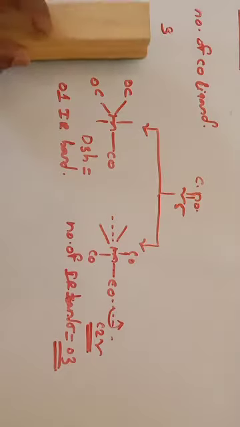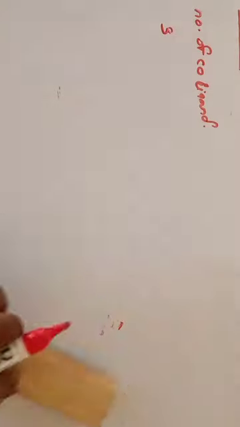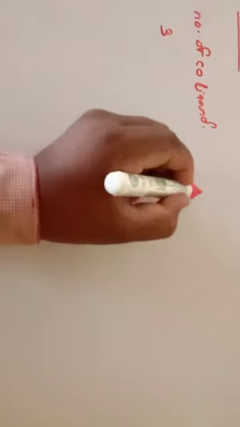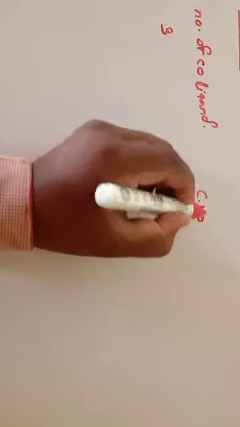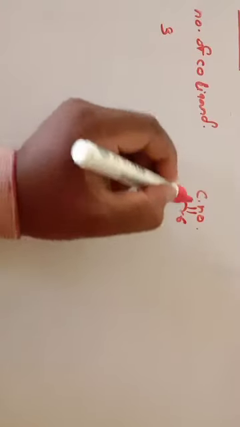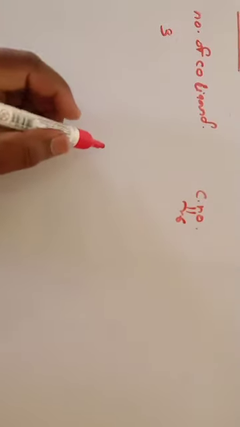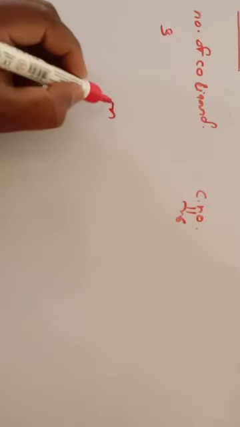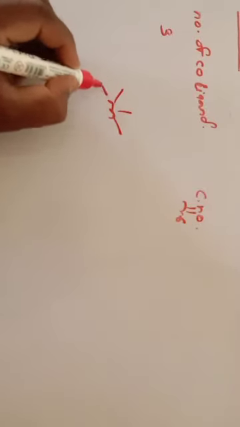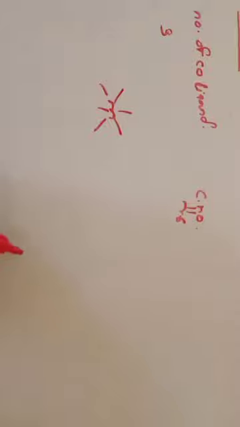This was the case when the coordination number is 5. And the last one is when the coordination number is 6. The number of ligands is 3 but the coordination number is 6. Many times questions are asked on this. There are 2 possible isomers: one is the facial isomer and the other is the meridional isomer.